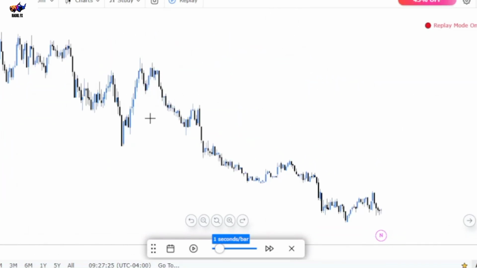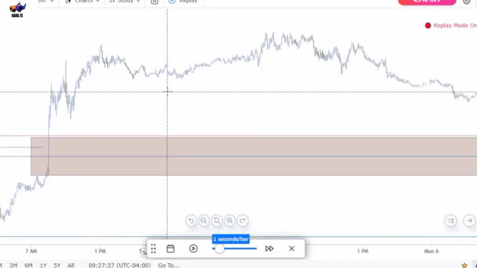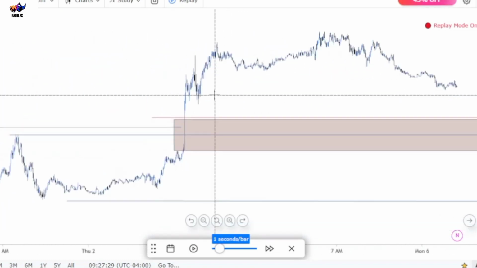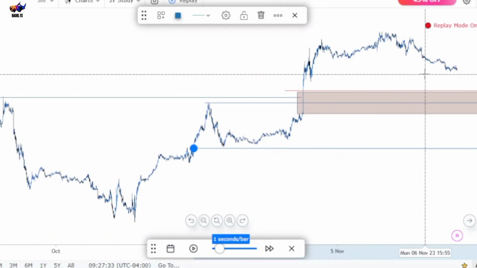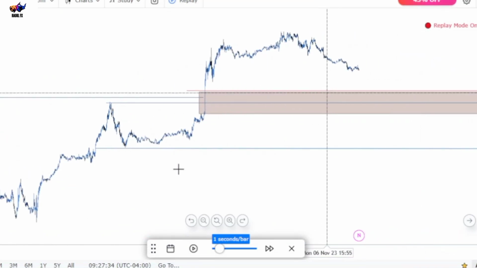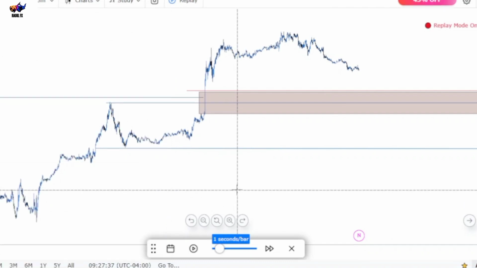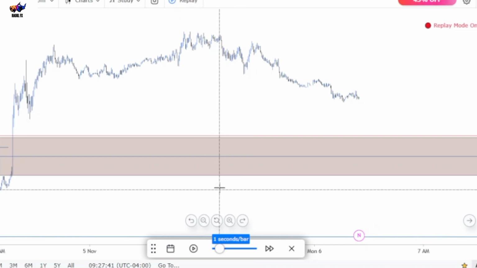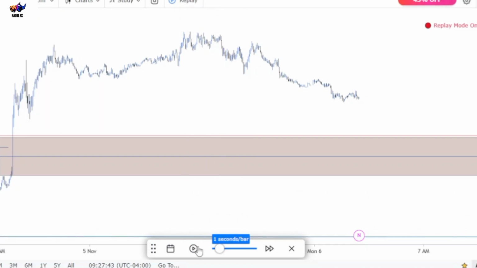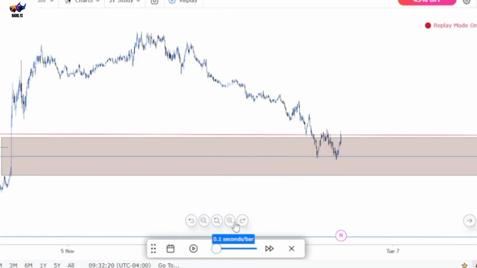Price went that far, so I'll just adjust the screen. Okay, so I'll go ahead and play this. Let's see what price did. Increase the speed so it goes faster. Let me zoom that in.